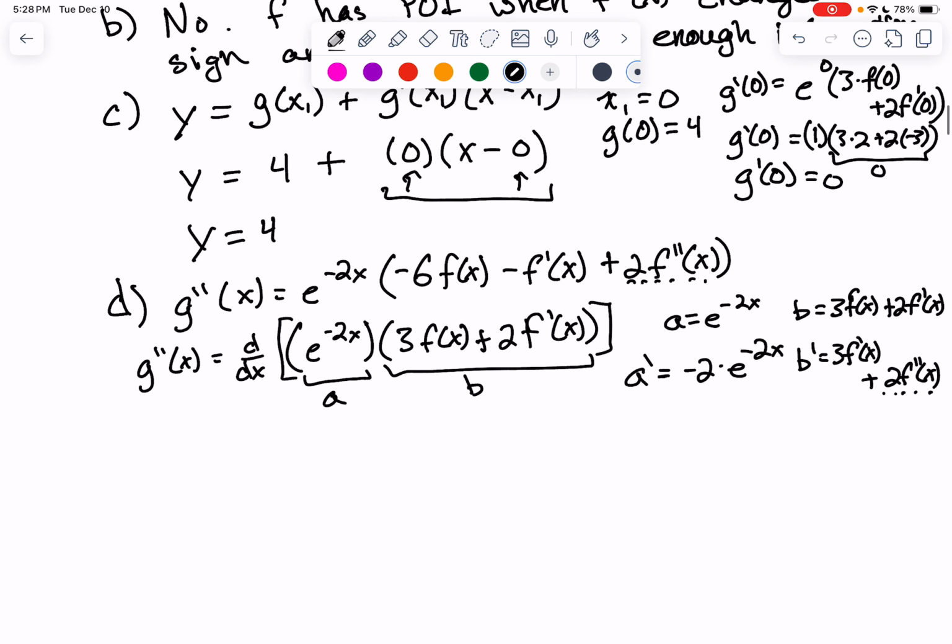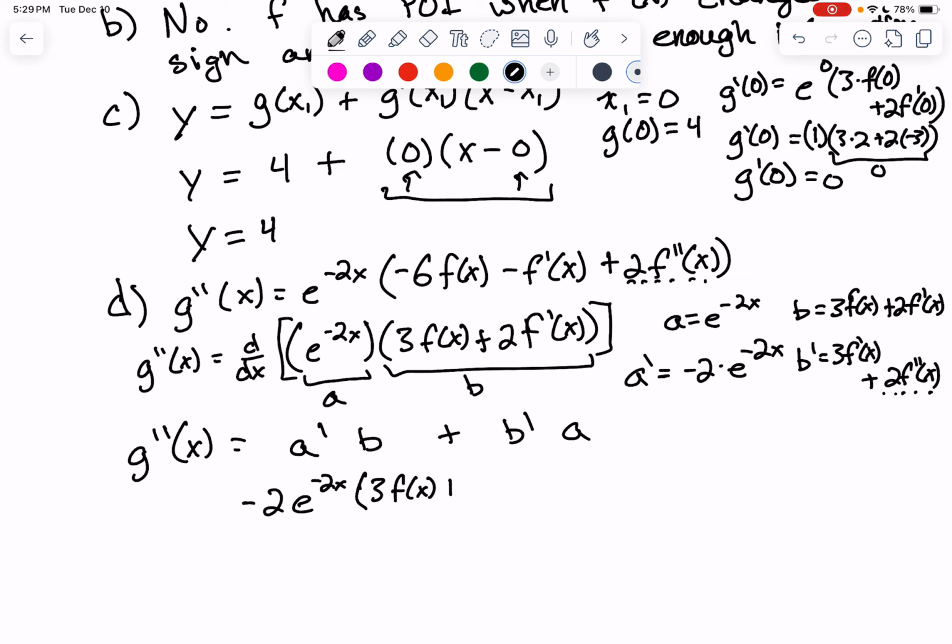Let's put together g double prime of x equals, let's put together our product rule. We got a prime b plus b prime a. A prime is negative 2 e to the negative 2x. B is kind of a long group, 3f of x plus 2f prime of x.